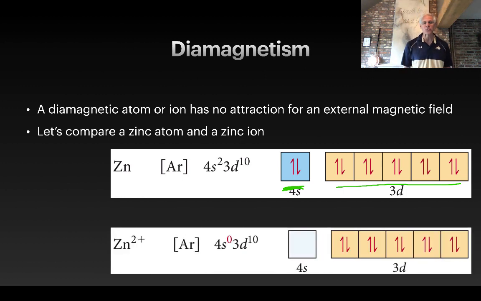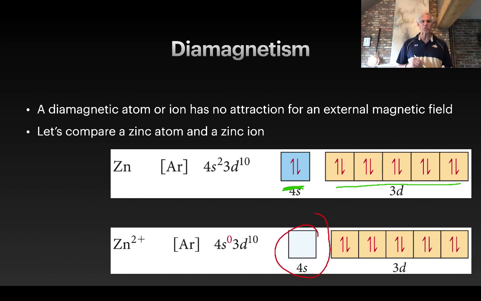Now, if we go to a zinc ion, we take two electrons away. This slide actually shows two very important points, one linked directly to our magnetism and one linked to the idea of electron configurations of ions. As far as the magnetism is concerned, we lost our 4s electrons first.